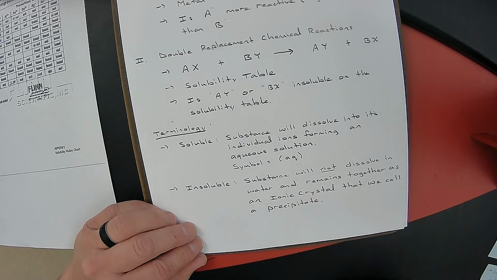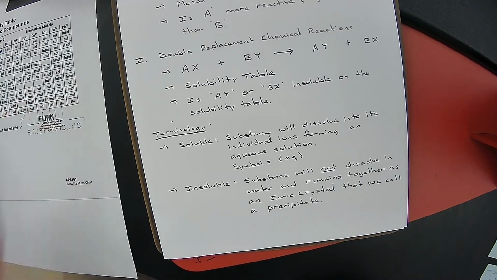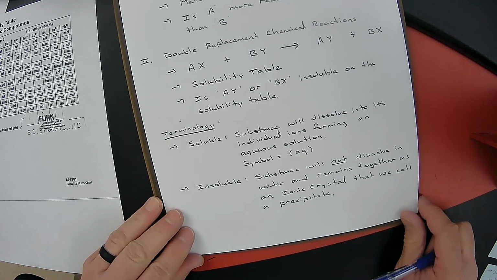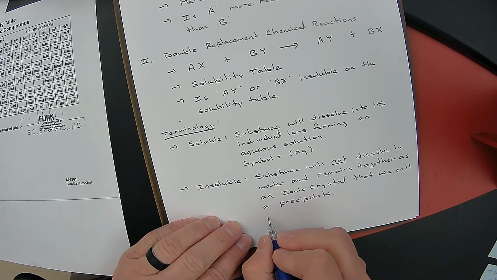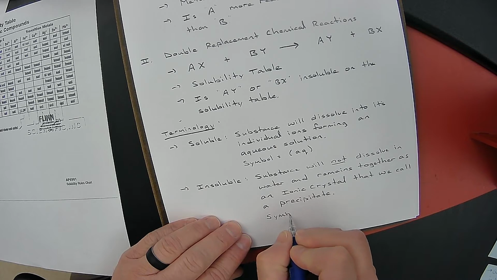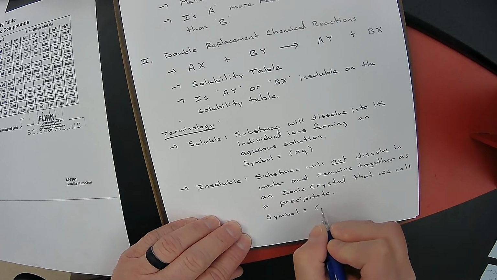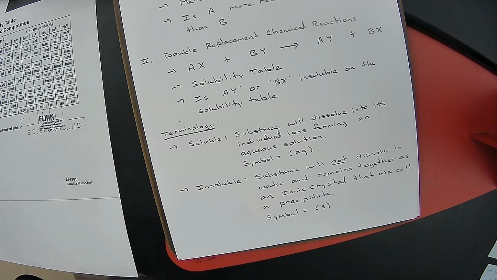That term precipitate means that it will not dissolve. So the symbol that we use when this happens is, in parentheses, an S.